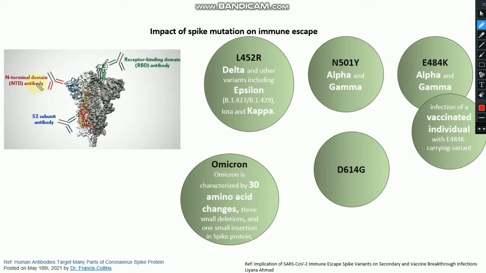So what if a mutation occurs in this site? If mutations occur in these sites, then the antibodies cannot recognize the antigen properly. Thereby the immune response or the activity of the antibody is reduced.